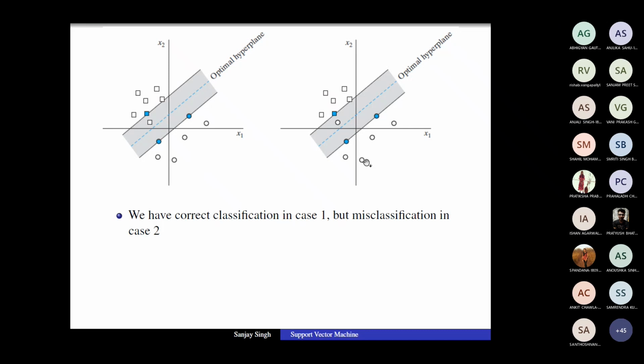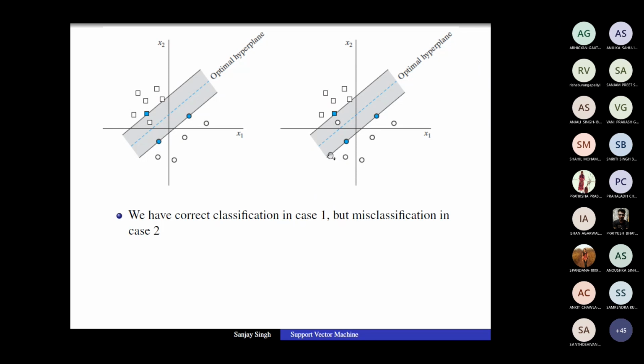Now in this other case, there is another kind of violation. The data point is falling within the region, but it is beyond the optimal hyperplane. Only below the hyperplane will it be labeled as negative class, and above it is positive class. So even though the data point belongs to the negative class, it will be labeled as belonging to the positive class.